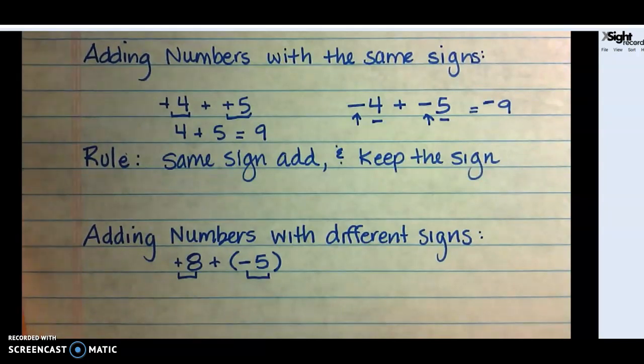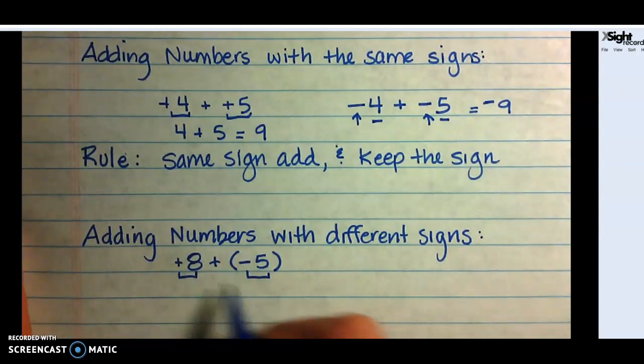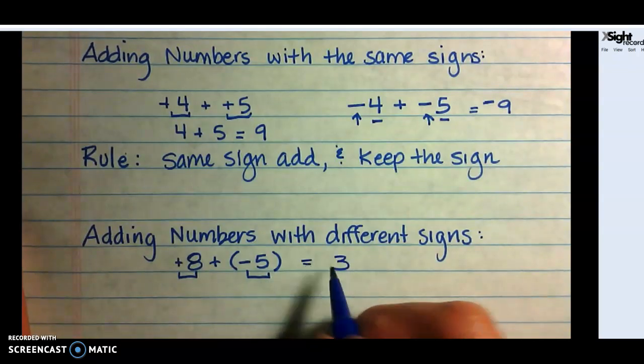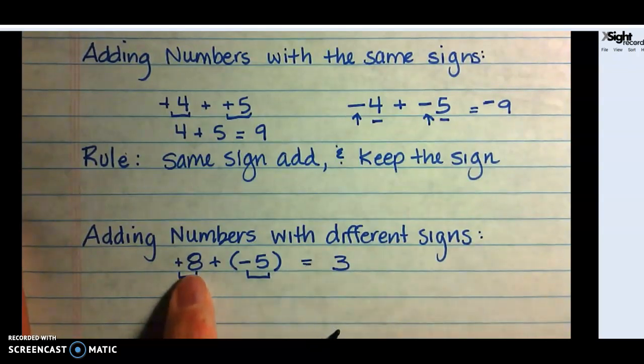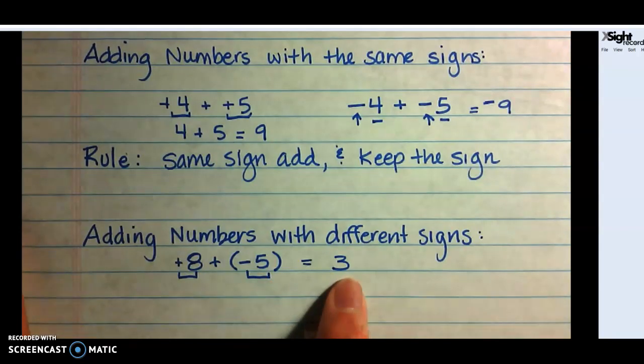Football, many of you are familiar with, maybe some of you are not, but if you gain 8 yards, run forward 8 yards on a play, and then on the very next play you lose 5 yards, you still have a net gain of 3. When you look at 8 and the difference between 8 and negative 5, the difference is actually 3.